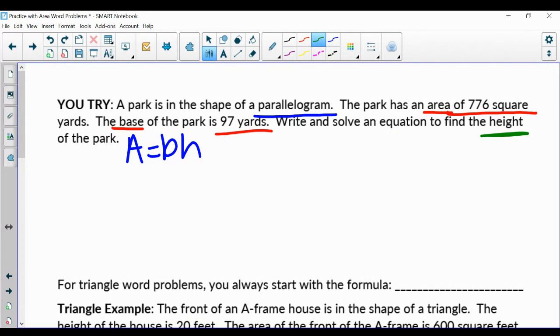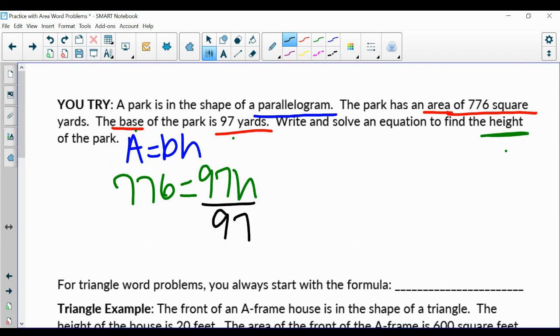Okay, so again, plug in what you know. I know I have an A for area, and that's 776. I know I have a base, which is 97, and I know I'm looking for my height. Okay, so it's already set up for you. Go ahead, divide 776 by 97, and figure out what your answer is.